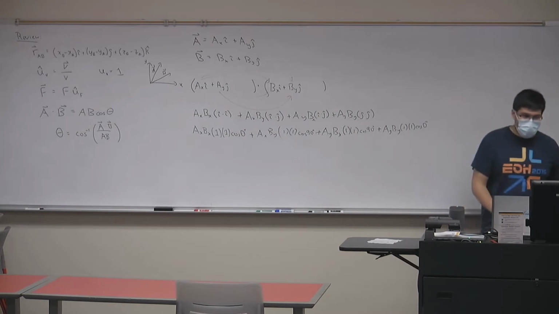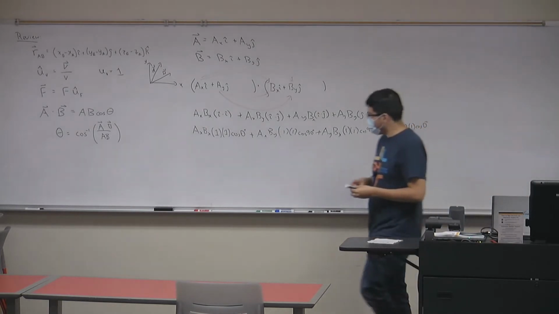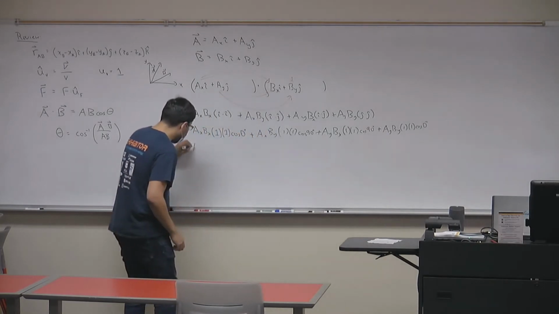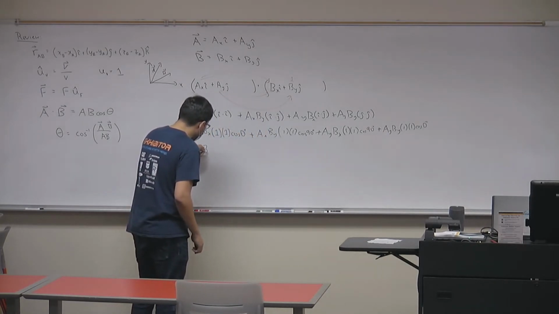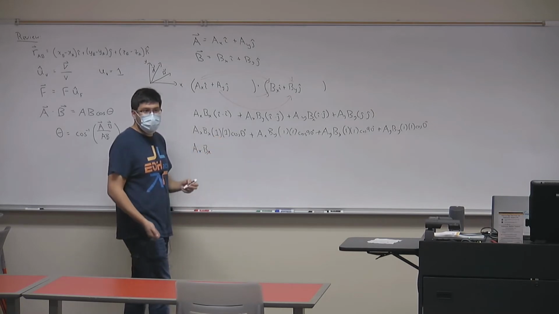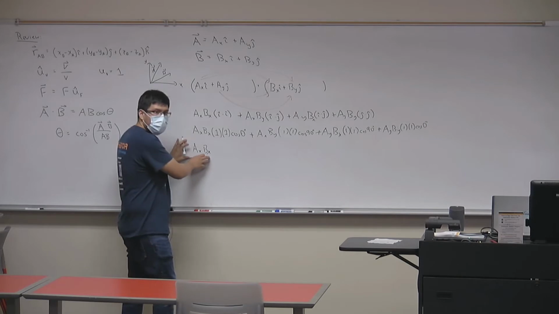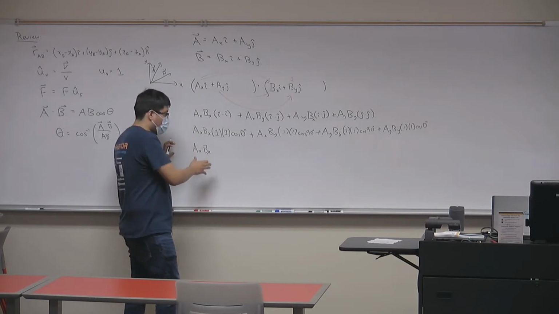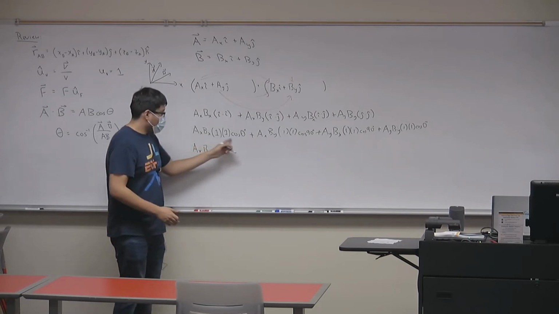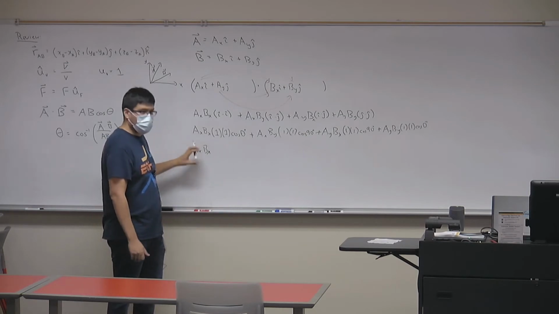And now, I hope that you're realizing that this is actually going to simplify a lot. Because we have AX times BX times 1, no change, times 1, no change. What's the cosine of 0? 1. So this is just AX times BX, right? And what we did here is we eliminated the vector, the directional portion of this term completely.